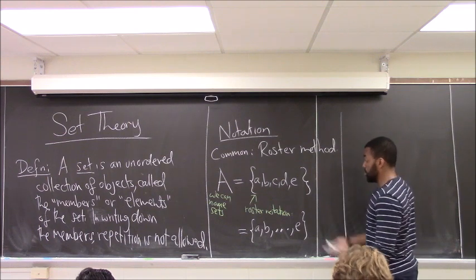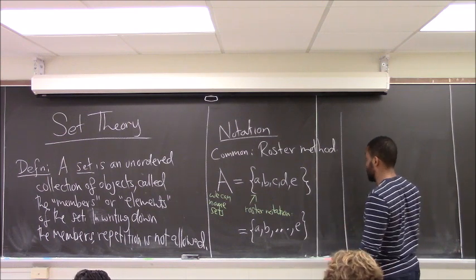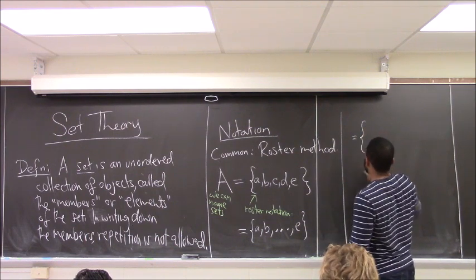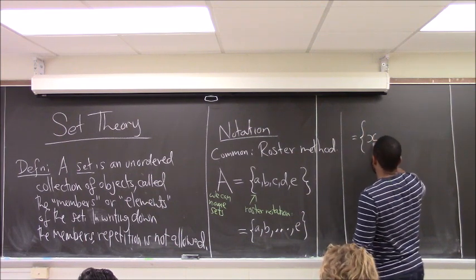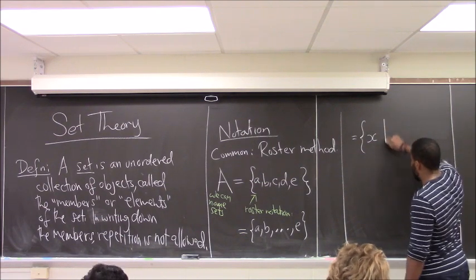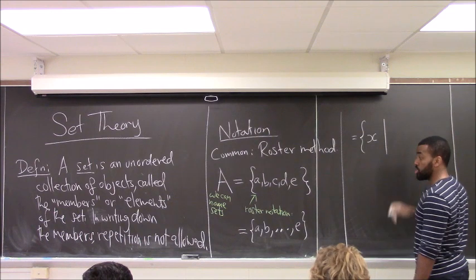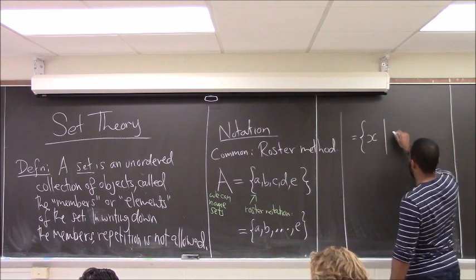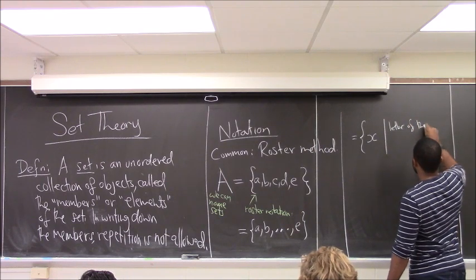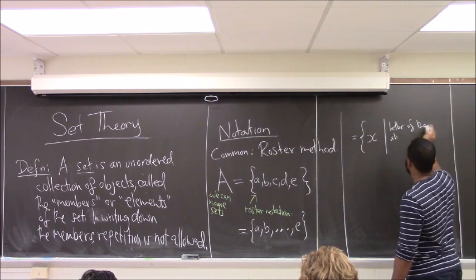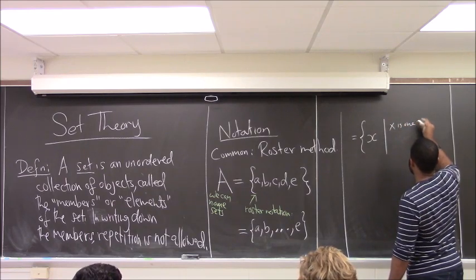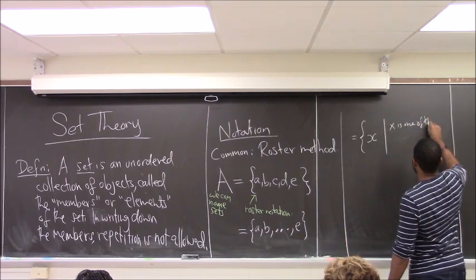Another way: sometimes writing it down in a pattern is also very difficult. So you could put something that represents the form of the members of your set, put a bar, and then put a description. So you can say X is a letter of the alphabet, or more specifically, X is one of the first 5 letters of the alphabet.